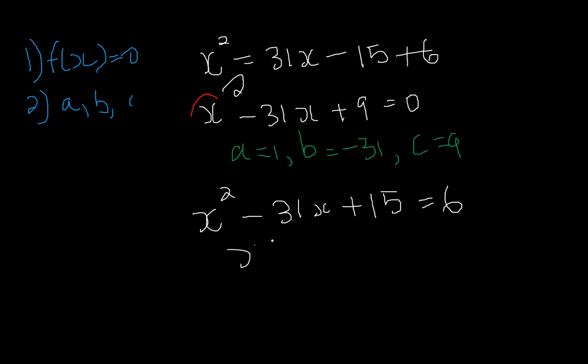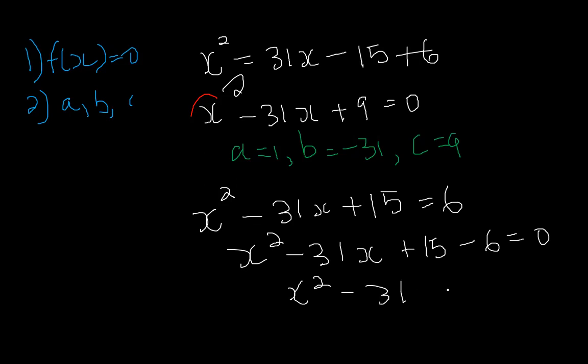Then you carry across the 6, or minus 6, on both sides. So it's minus 31x plus 15 minus 6 is equal to 0. 15 minus 6 is 9. X squared minus 31x plus 9 is equal to 0. Oh, okay.